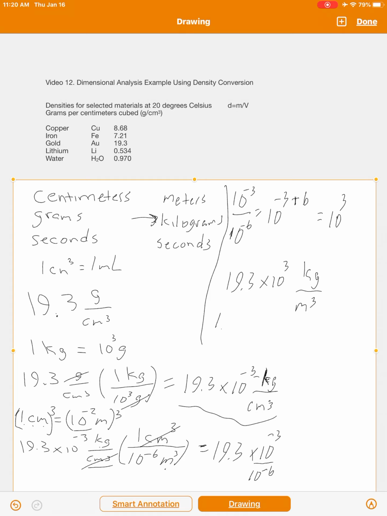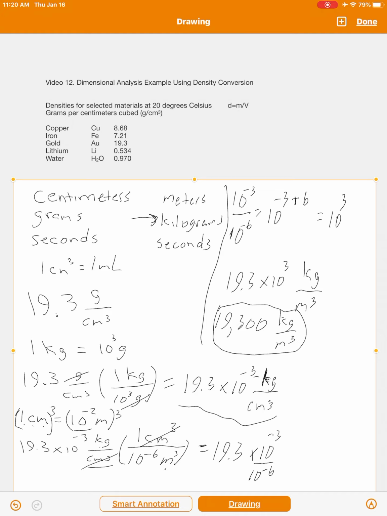So that's 19,300 in decimal notation, kilograms per meter cubed. So if you take a look at the value at the end of this pretty involved conversion factor, we went from 19.3 grams per centimeter cubed, or grams per cubic centimeter, to 19,300 kilograms per meter cubed.